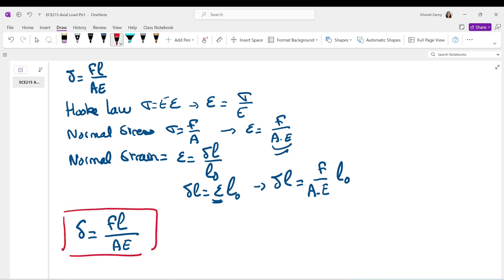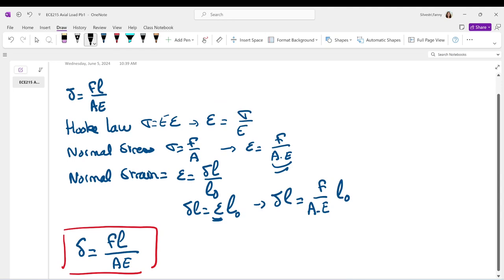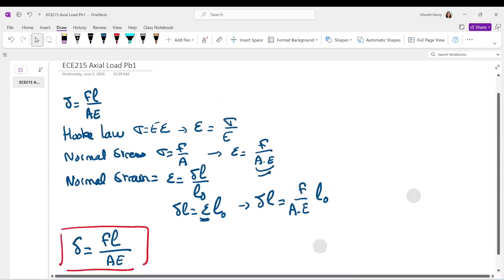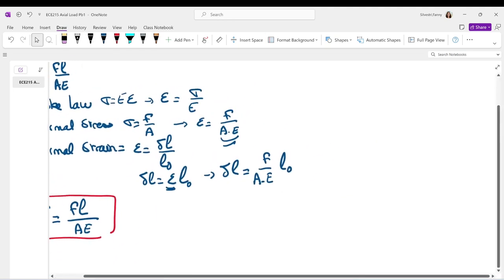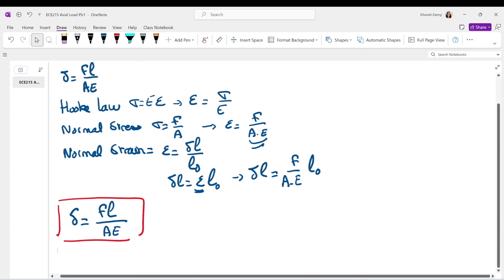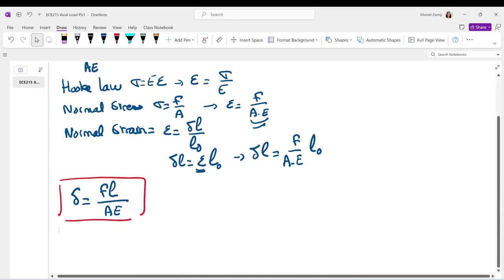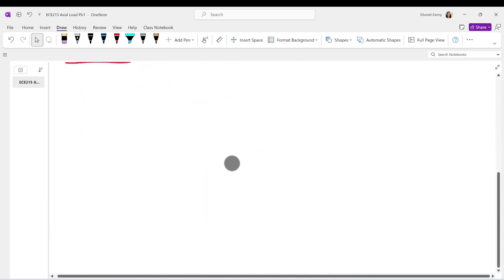Let's now apply this formula to a simple example. I will move all the way. That's why I keep making it bigger and bigger, because it's hard to move up and down. Let me go down. So we will do a little example.